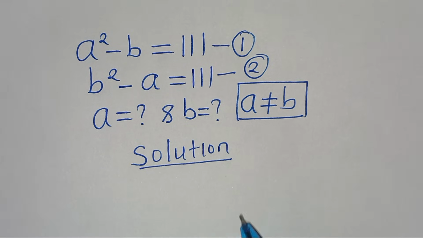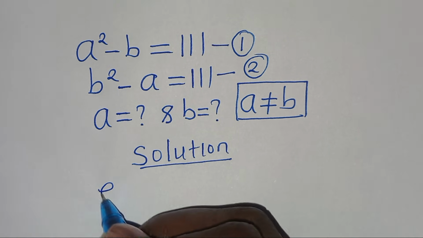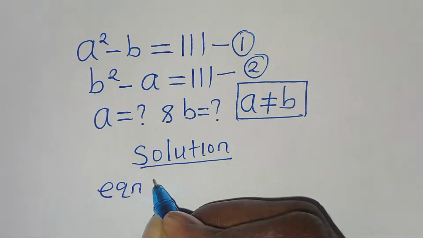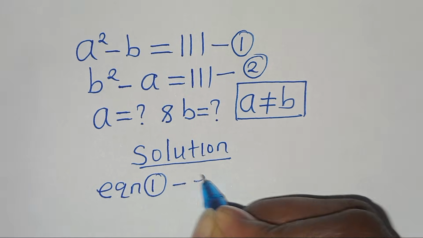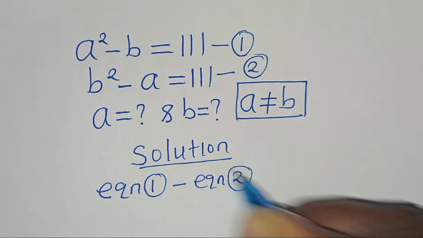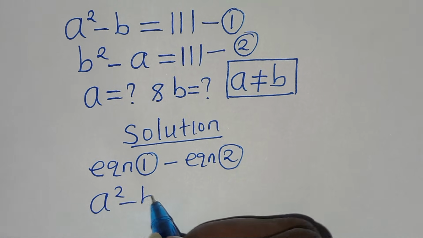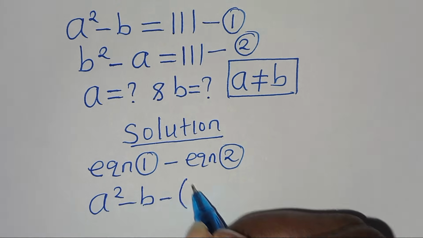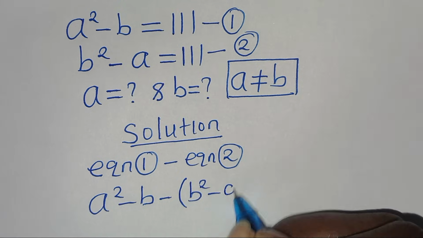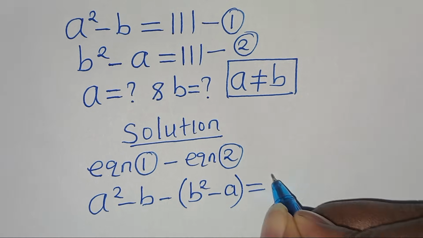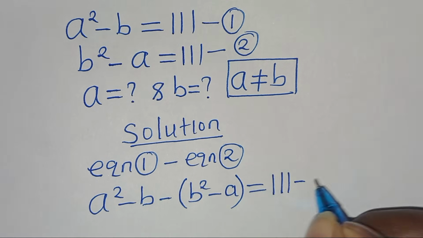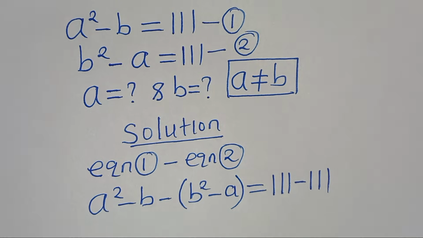Now, the first step from here, let's subtract equation 1 with equation 2. So now we have a squared minus b, subtract b squared minus a. This is equal to 111, subtract 111.